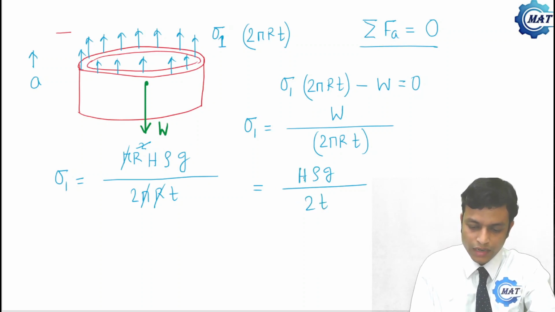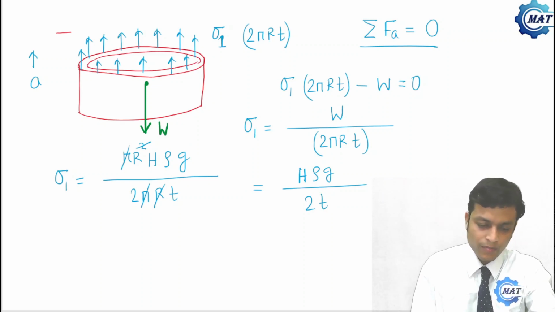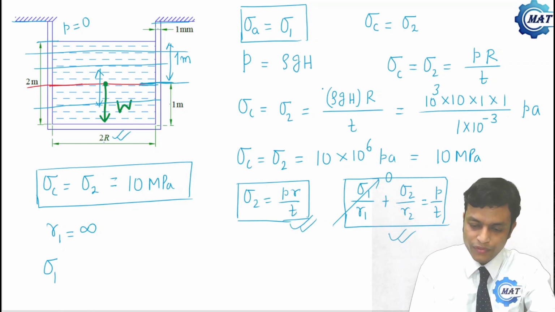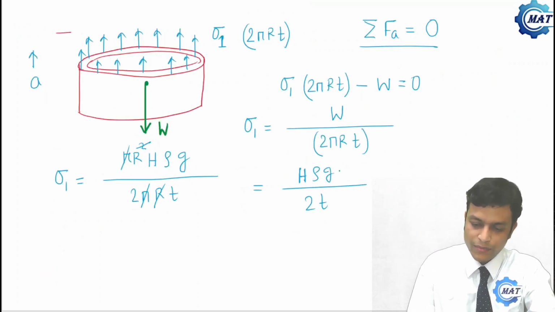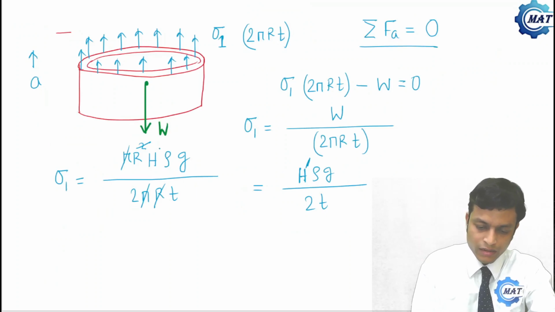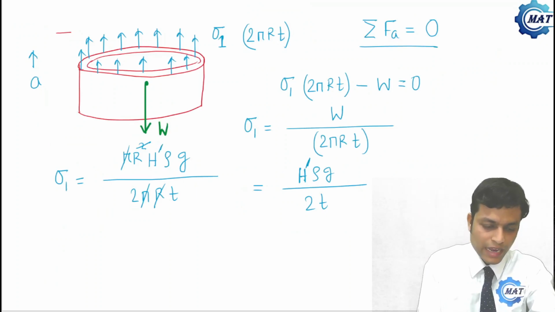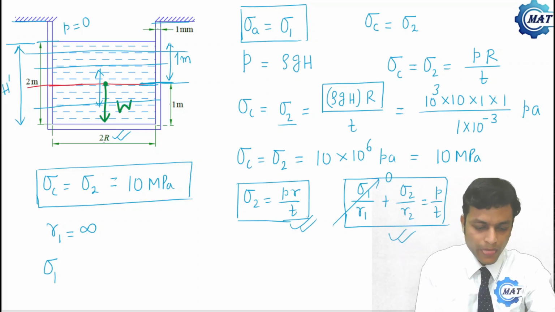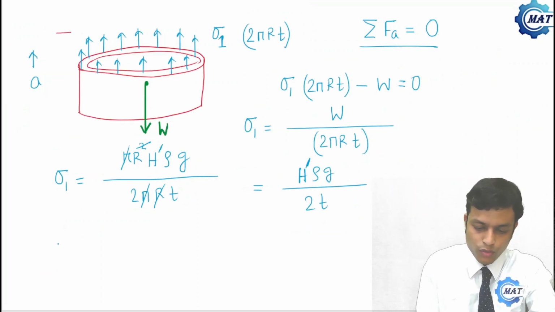Here H is the total height of the liquid, that is 2 meter. If we consider H here, then we have already considered H for half height in sigma 2, so there may be a confusion. We can denote the total height by h prime. Total height of the liquid column is h prime.